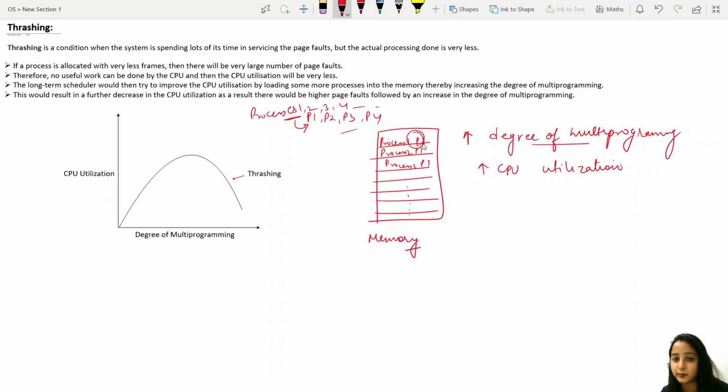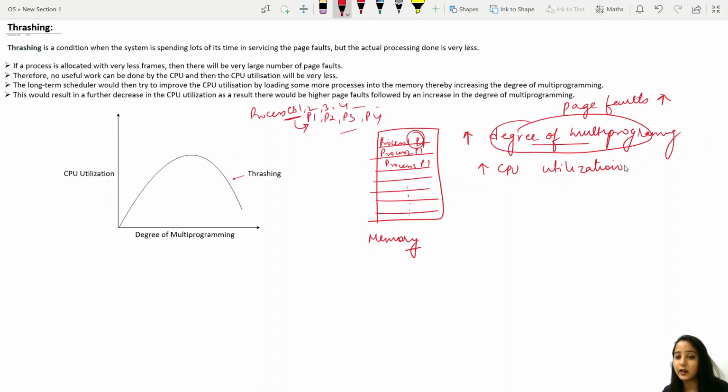So like this I have brought page number 1 of process 1. If the CPU wants page number 2, it doesn't exist in the main memory, right? So there a page fault occurs. To increase the degree of multi-programming, my page faults are increased.